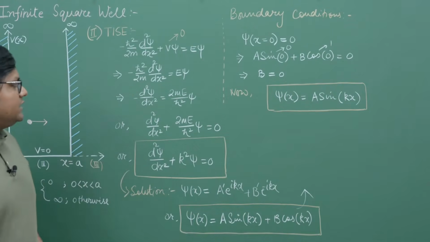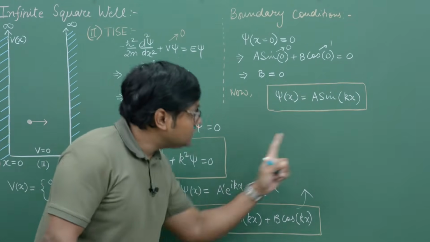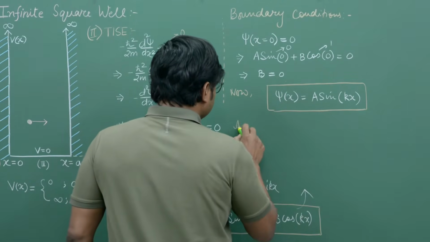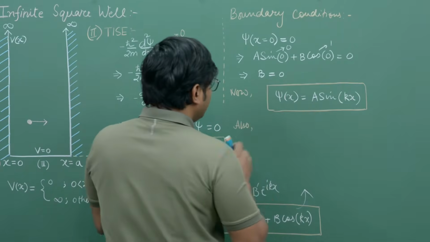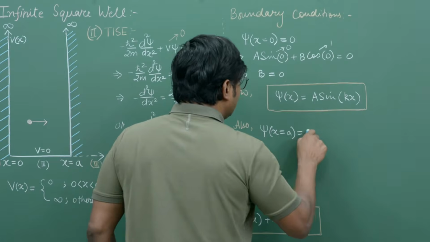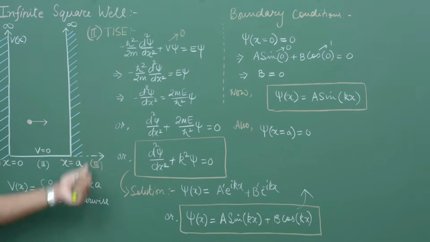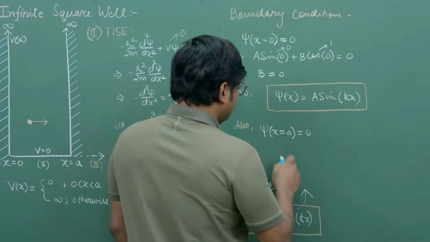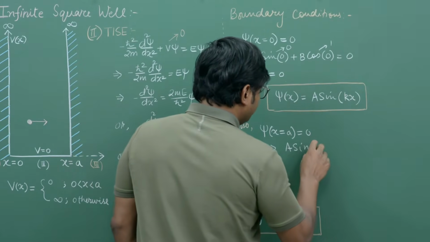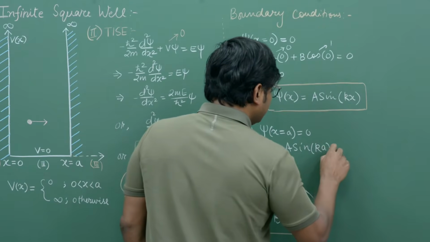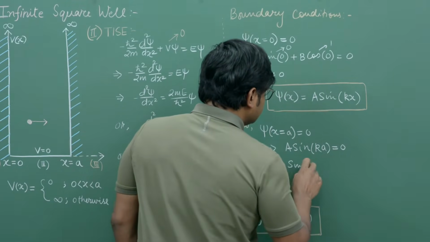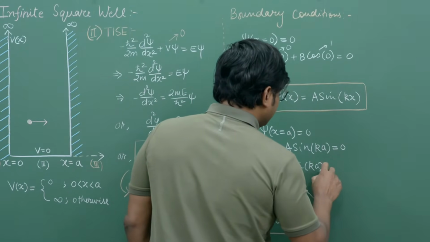But before I do that, I want to show one more thing. Here, if I apply another boundary condition, also if I say that psi at x is equal to a is also 0, right? Because here also the potential is infinite, then I end up getting a sine Ka is equal to 0, which simply means that sine Ka is equal to 0.